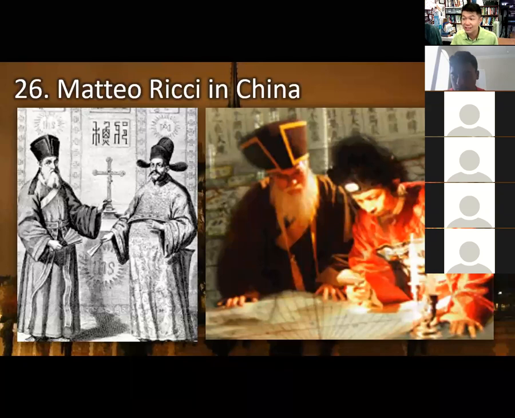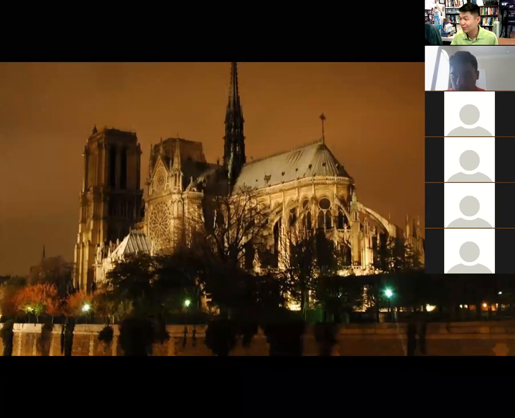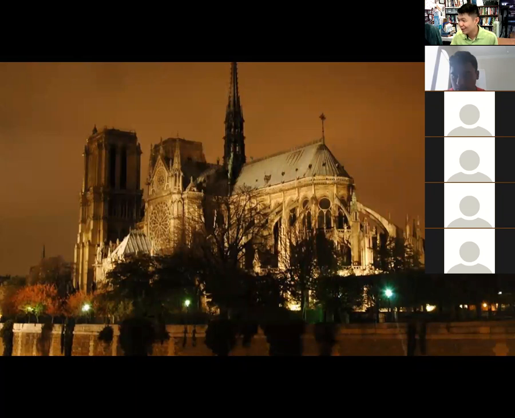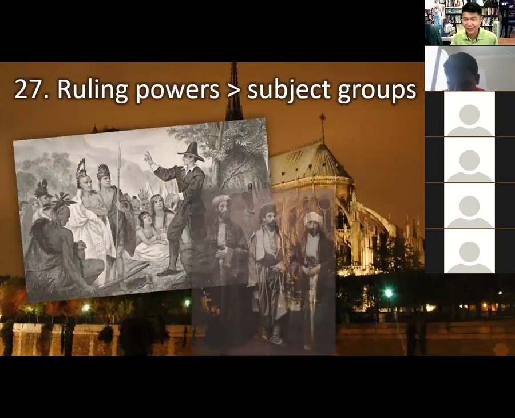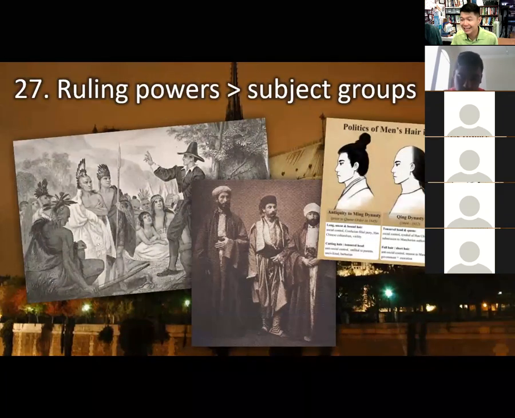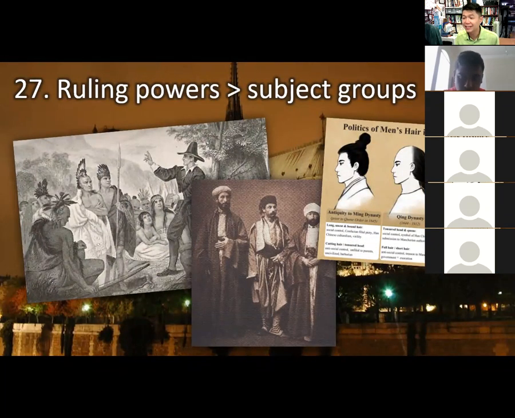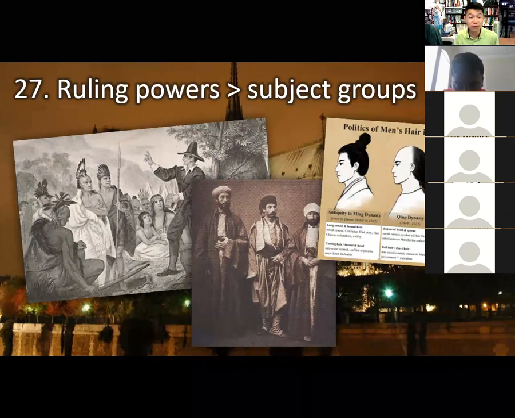Number 27, we don't discuss the American praying towns, and so that might be an issue in terms of that question. Even if we look at the other two samples here, there's the praying towns, the jizya, and the Qing queue. All of these are examples of differential treatment.